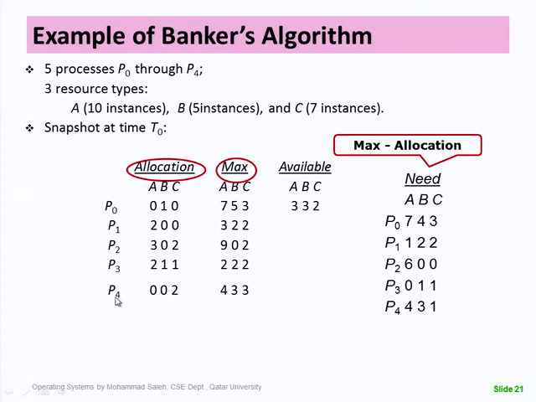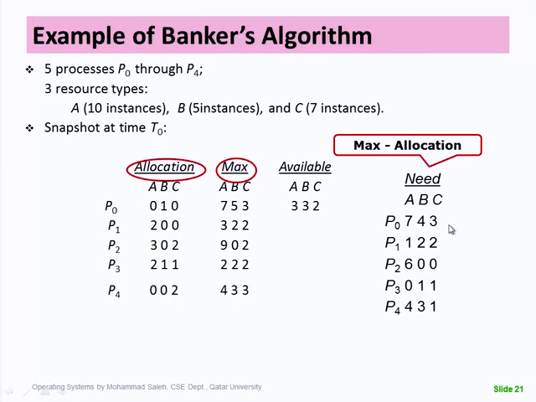Now, it's fine for P4 to request another additional resource of C, but not more than 1. Okay? It can request up to 4 resources of A, 3 resources of B. Because in total, the request plus the allocation should not exceed what? Max. Okay?